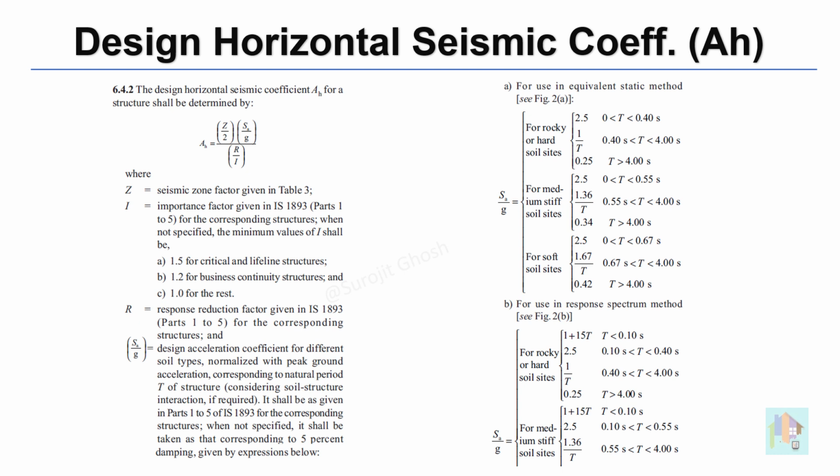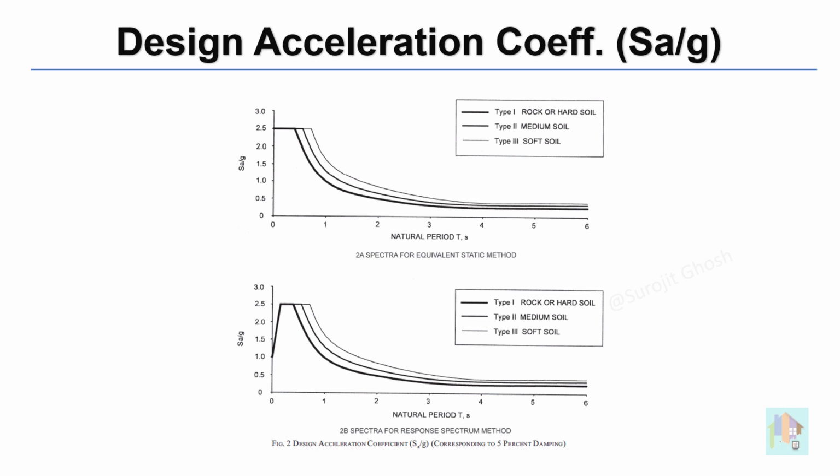There are few empirical equations available to calculate this for different soil condition and time period. For static seismic analysis, we need to follow the first set of equation. For dynamic analysis, second set is used. Same values are plotted under figure 2, both for static and dynamic analysis.